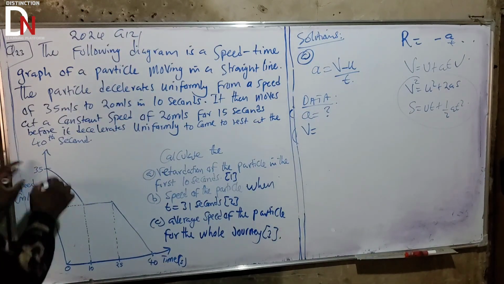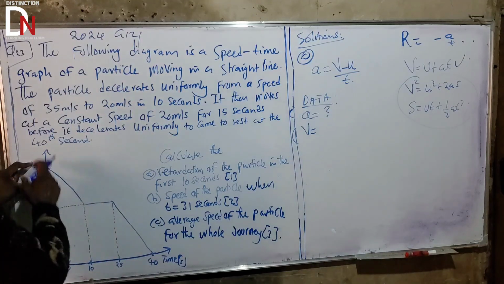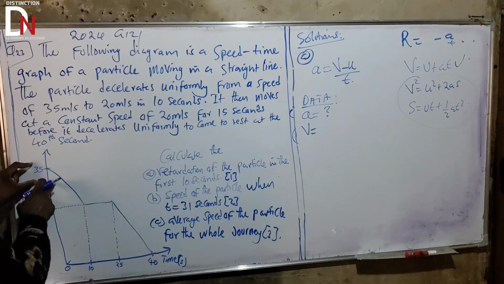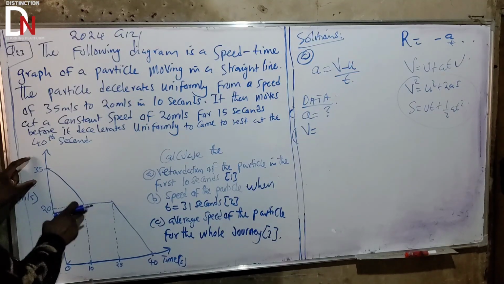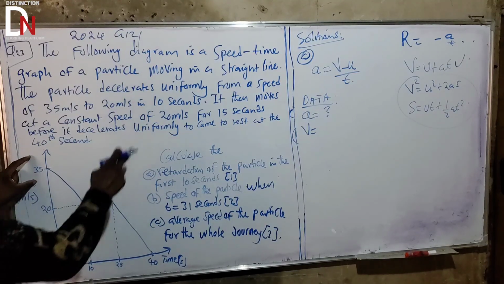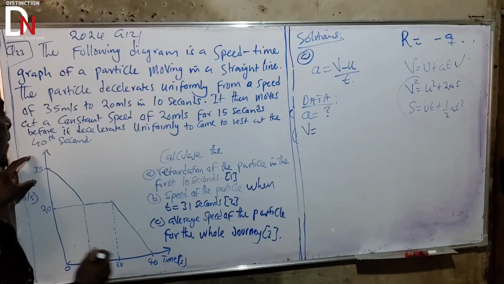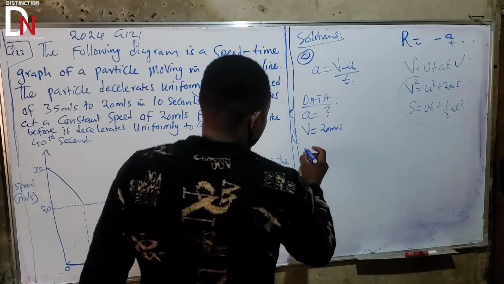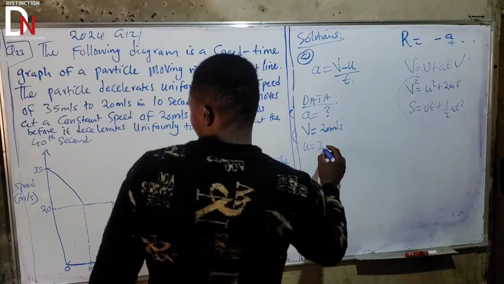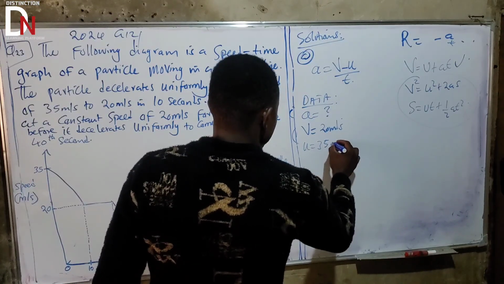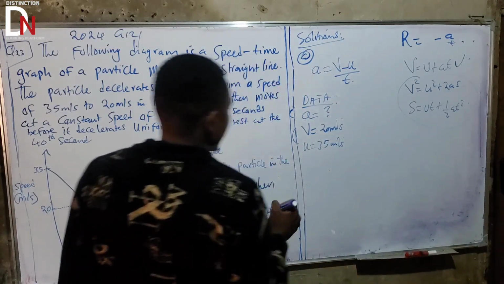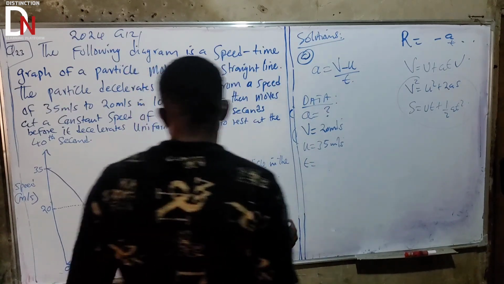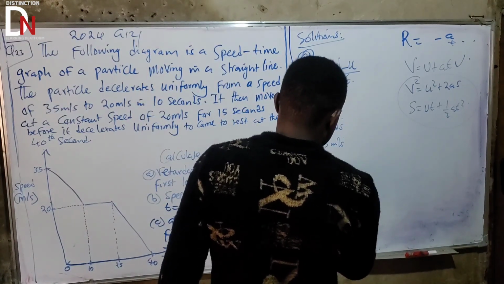So the 35 was the initial velocity, what it started with, and the final velocity when it was decelerating was 20 meters per second. What about the time? From the question, it is 10 seconds.